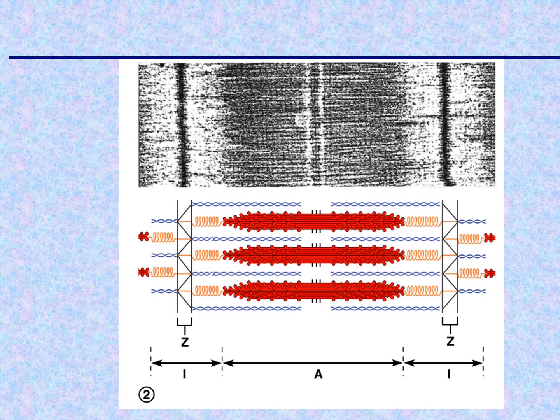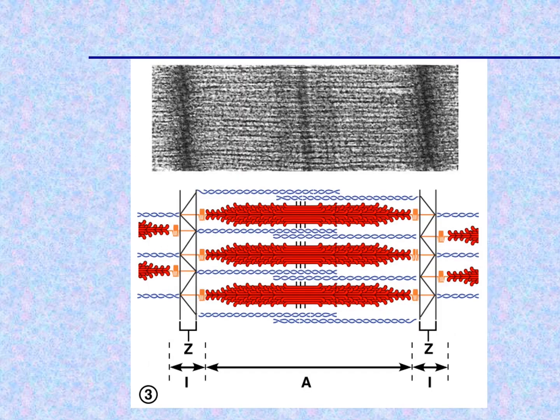And you can see that they're sliding past each other, so the I bands are getting smaller and smaller until in the electron micrograph you can see it actually disappears, because now wherever there is a thin filament, it is completely overlapping with the area of the thick filament, and so the I band on either side of the Z line essentially completely disappears.